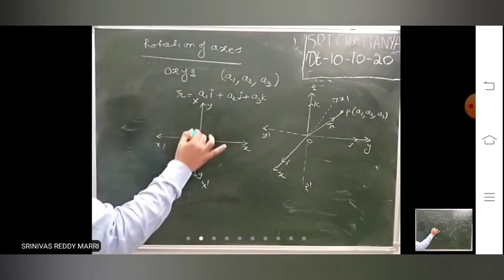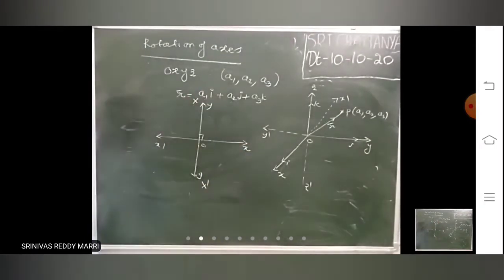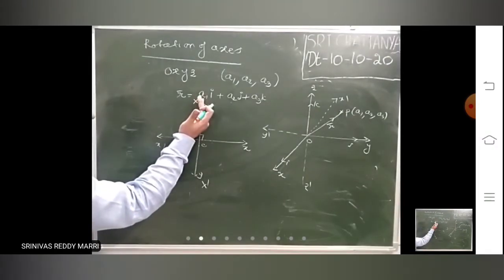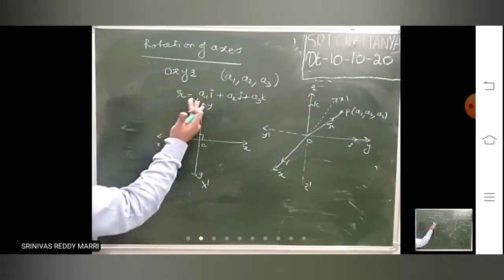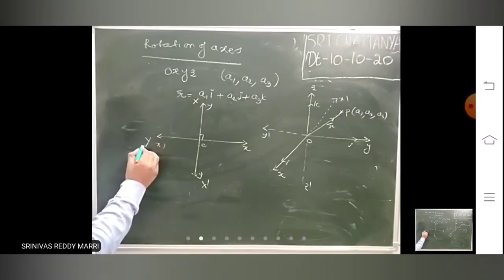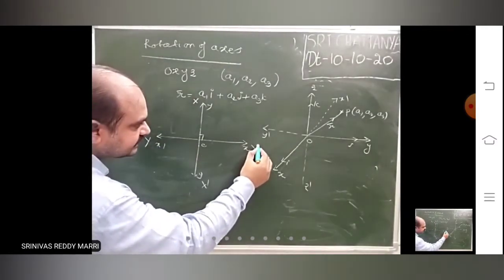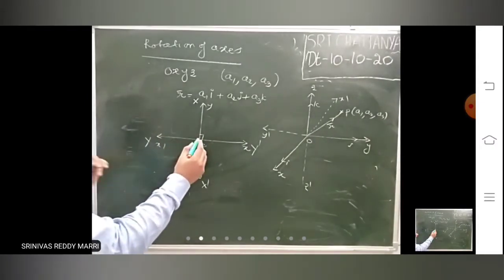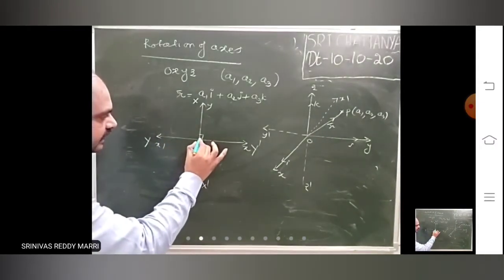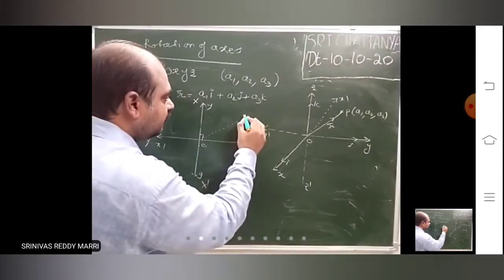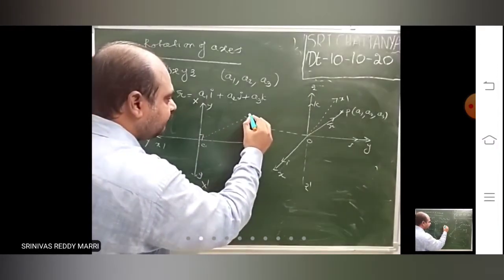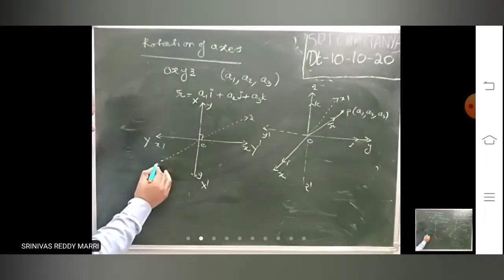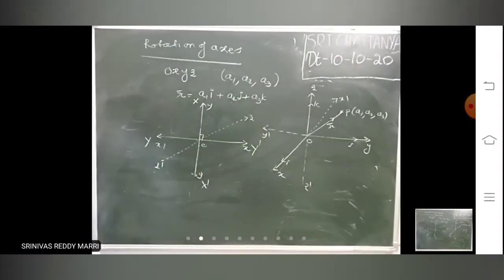The new x-axis is OX dash. The y-axis is rotated, so this is the new y-axis. Write the new axes. The old z-axis will remain the same. No need to draw it. The z-axis is fixed.